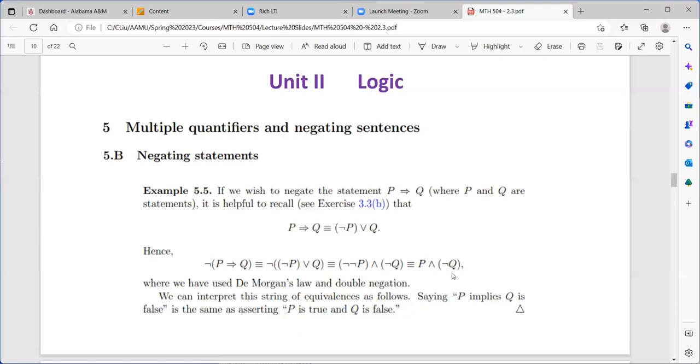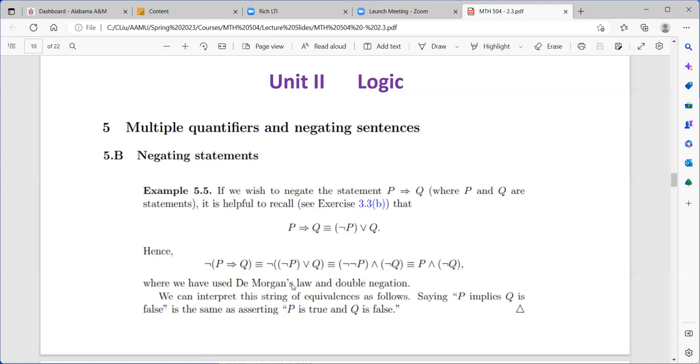So this simplifies the situation, because when you have a conditional statement, it's very hard to think how to negate it. But to work with conjunction will be pretty straightforward, isn't it?